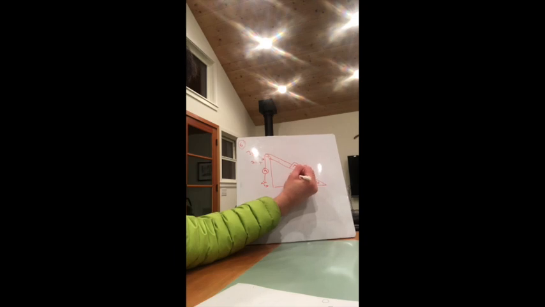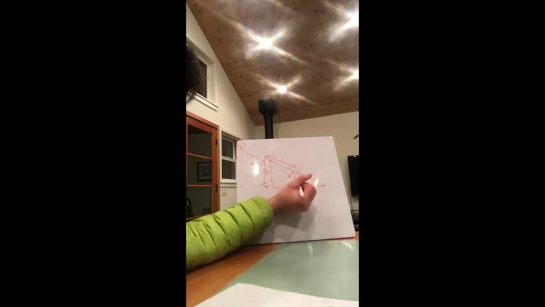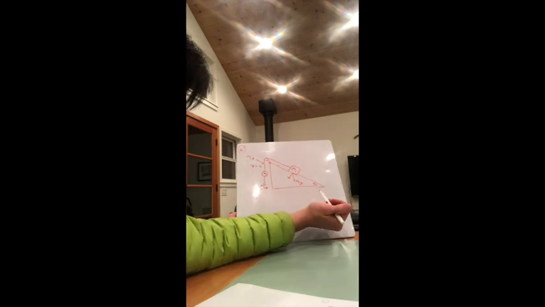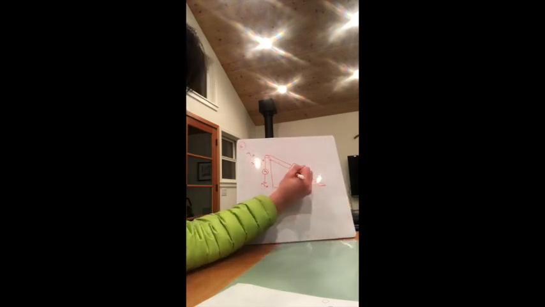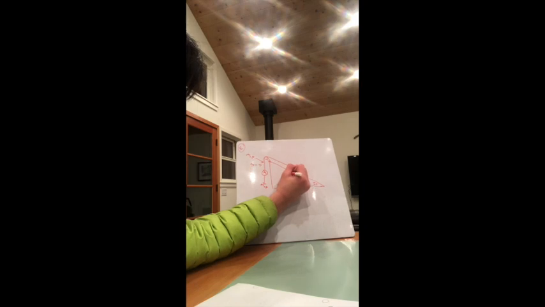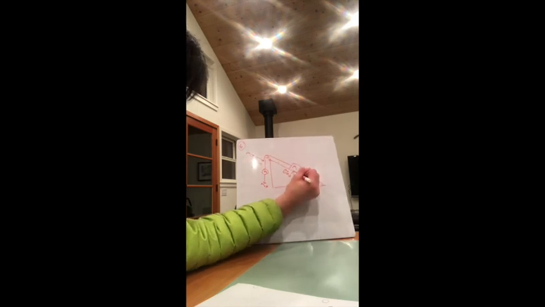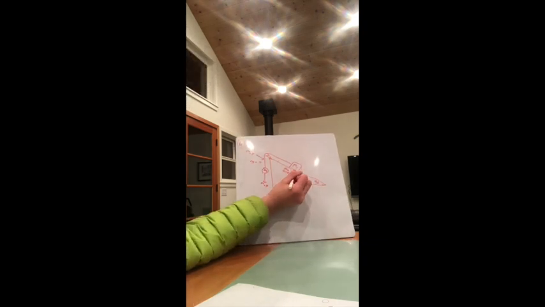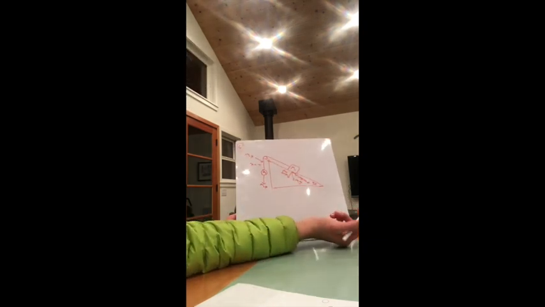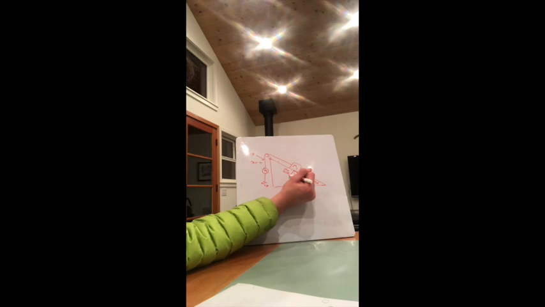So this component is going to be m1g cos theta, sorry, and this component is going to be m1g sine theta. We know that the cosine component is going to get canceled out by the normal force.